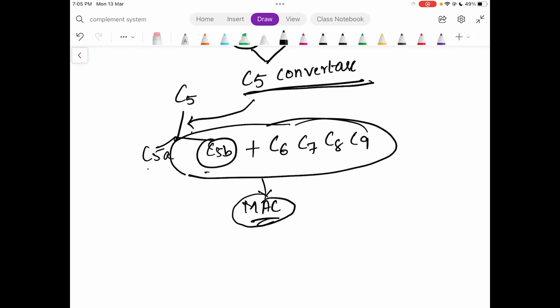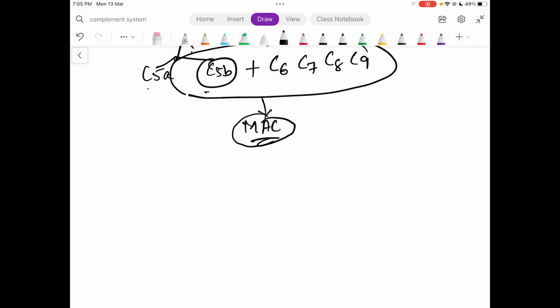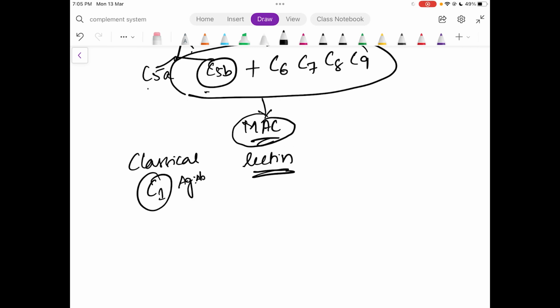The difference between classical and lectin pathway: what is the difference between these two? In classical pathway, the activation is through C1. Here, antigen and antibody complexes are acting on the C1 and causing activation of complement system.